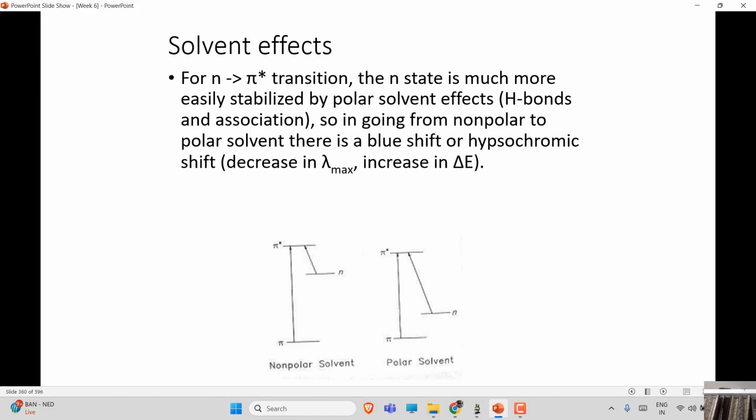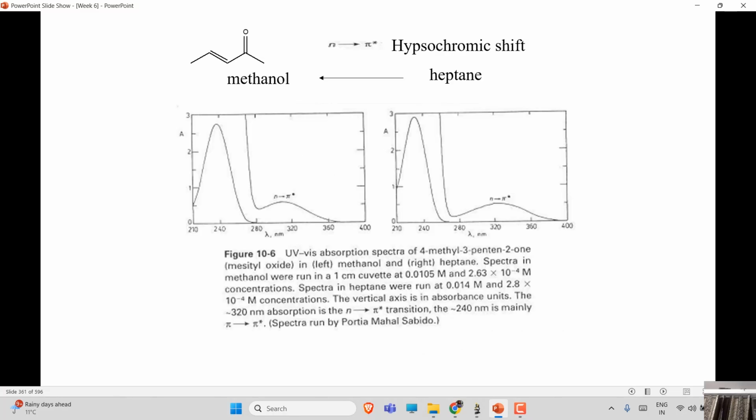Now, for n to pi star transition, the n state is much more easily stabilized by polar solvent effects. So, in going from non-polar to polar solvent, there is a blue shift or hypsochromic shift. As you can see, we have UV absorption spectra for 3-methyl-3-penten-2-one in methanol on the left and heptane on the right.